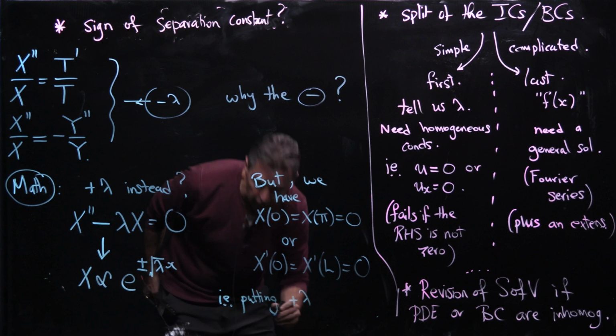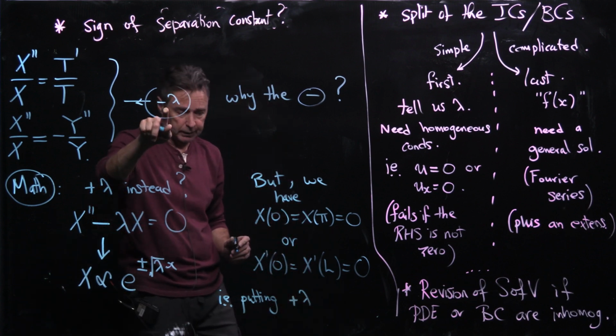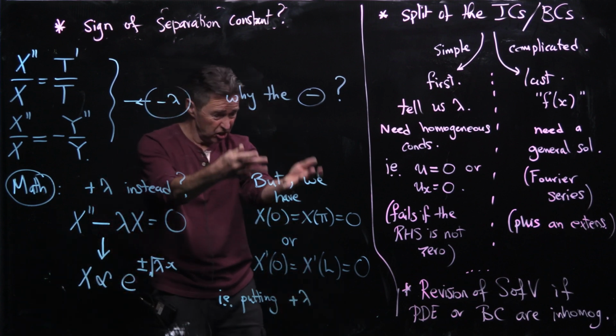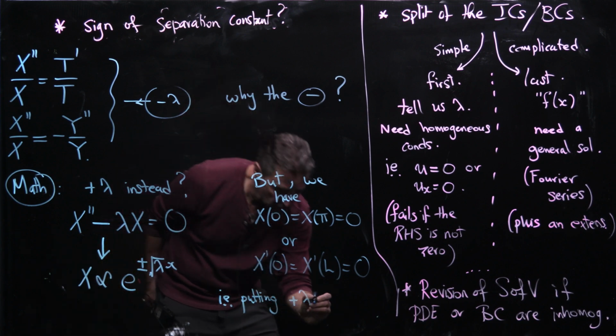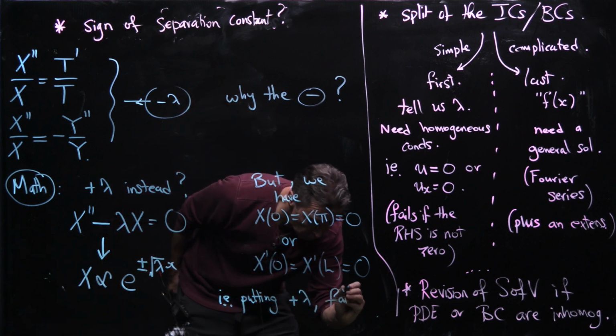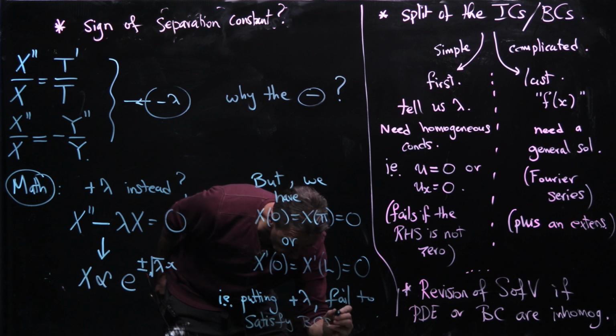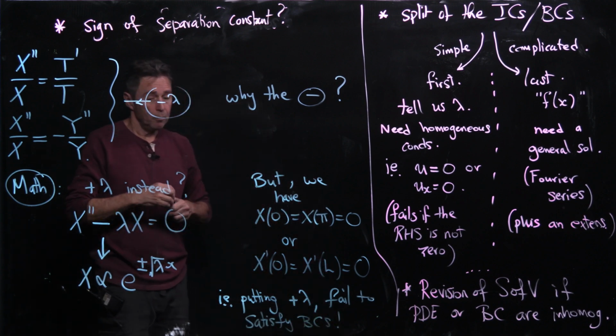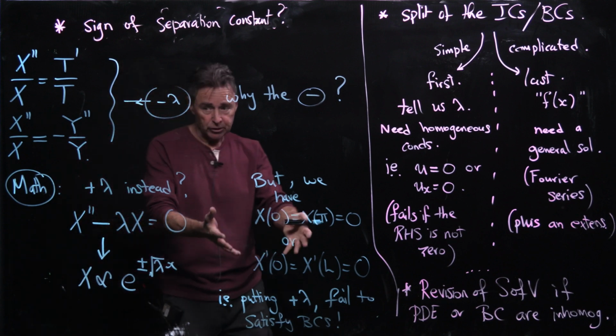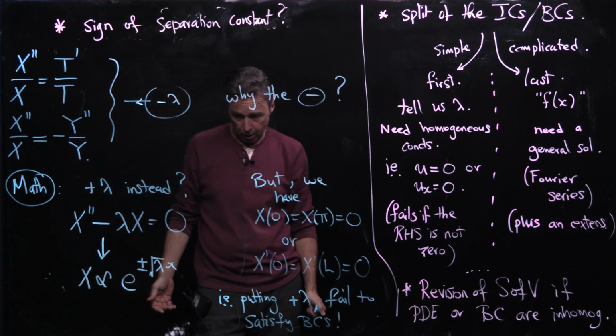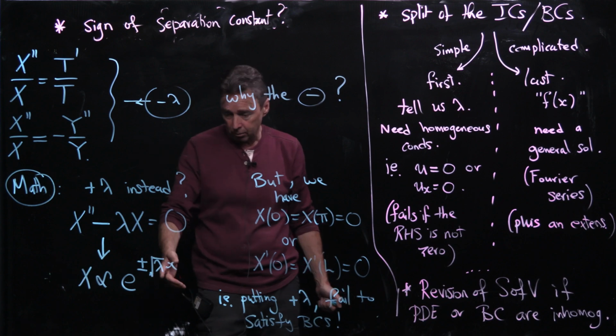So if you put plus lambda rather than minus lambda, you end up with exponentials and you can't satisfy the boundary conditions. But you have to be able to satisfy the boundary conditions. You have to be able to solve the problem this way. And so you say, oh, well, okay.